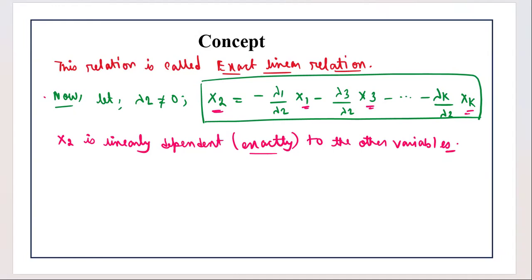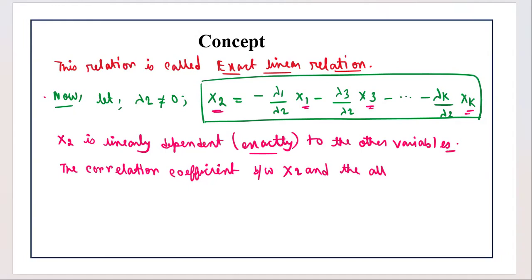And in this case, the correlation coefficient between x2 and all the remaining variables is bound to be what? Bound to be what?